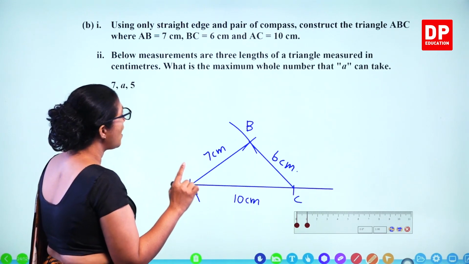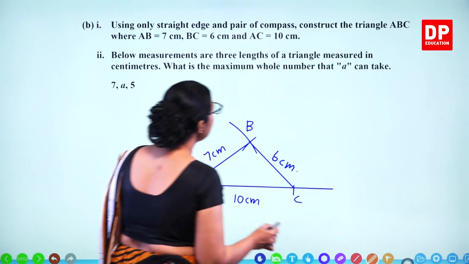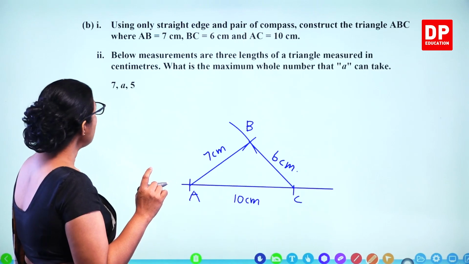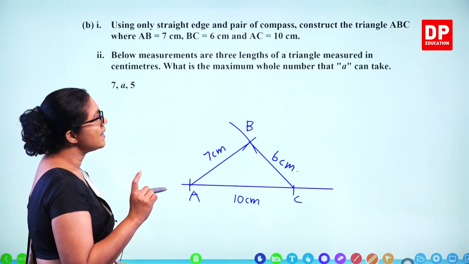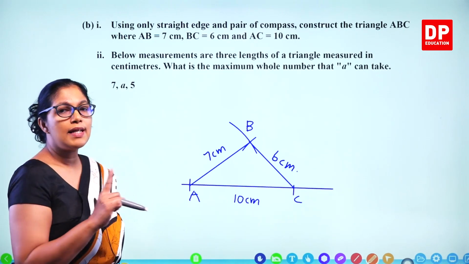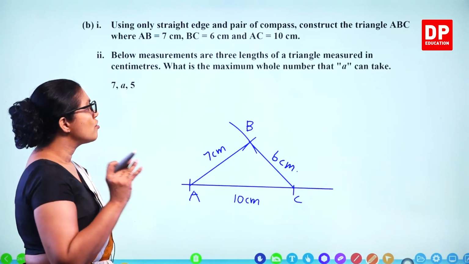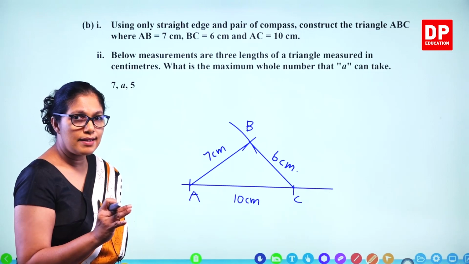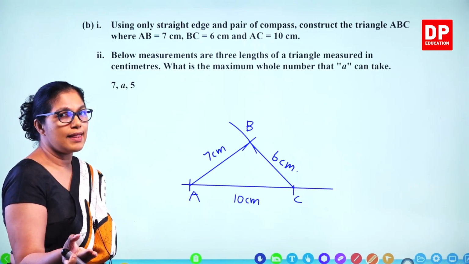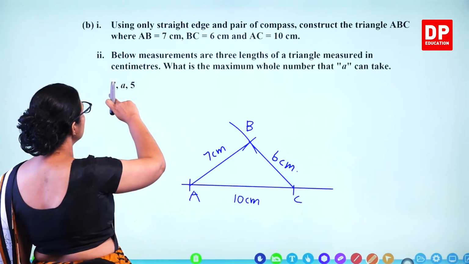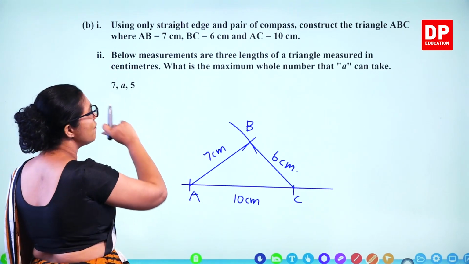Below measurements are 3 lengths of a triangle measured in centimeters. What is the maximum whole number that A can take? 7, A, 5. What's the condition? To construct a triangle, the sum of 2 lengths should be greater than the other length. So we'll take 7 and 5.